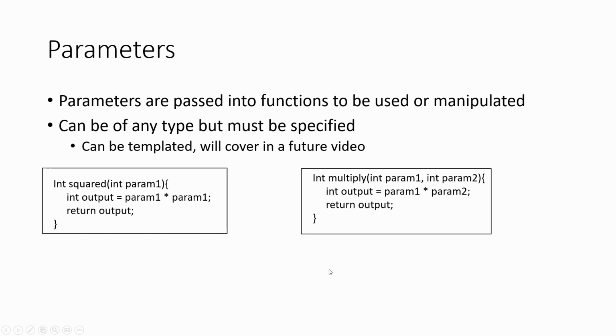And that brings me to another piece that I want to talk about, which is scope. One thing to keep in mind is that any variable that you define or declare within your function is only going to work inside of your function. So for example, you can see here after our declaration, we have int output equals param1 times param2.